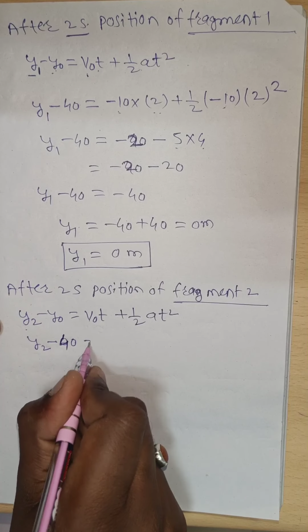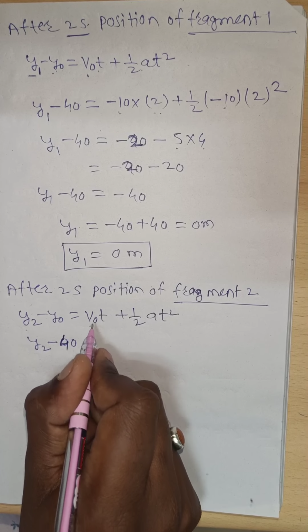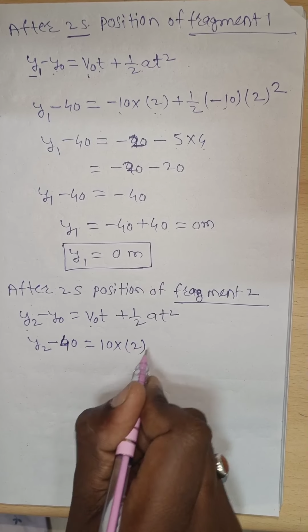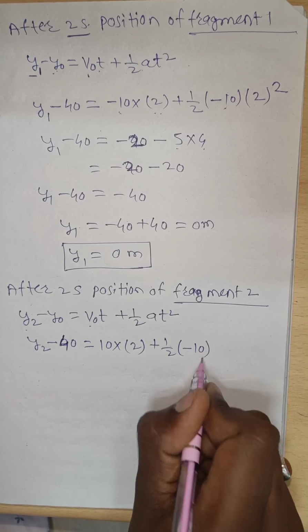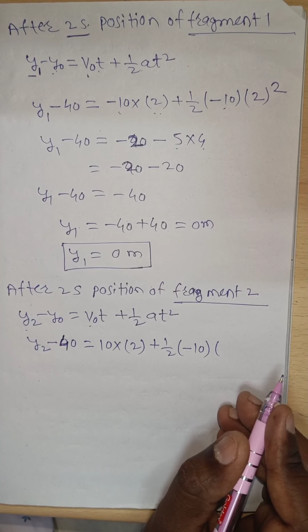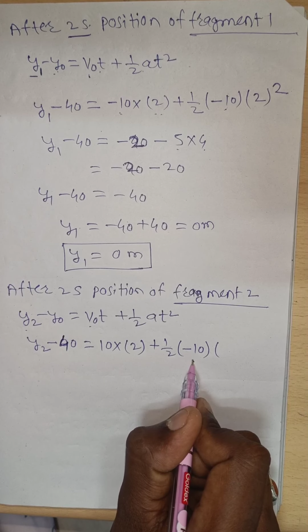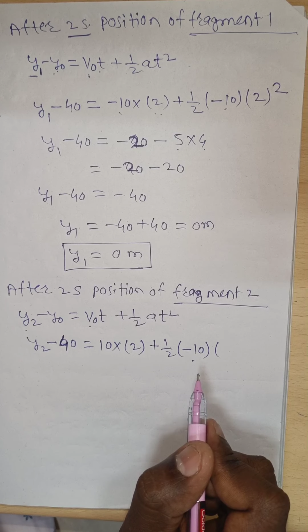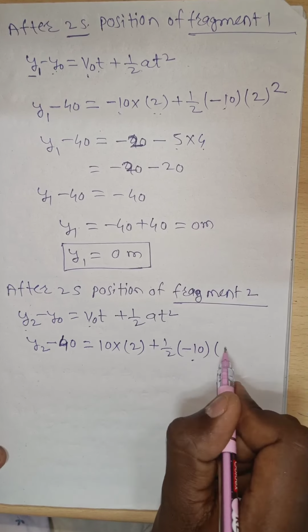The initial velocity of the second fragment, v2, is 10, so 10 into time 2 seconds, plus half, acceleration due to gravity is minus 10, because acceleration is always in the downward direction. In the problem they may say the acceleration is 10 meters per second square, but its direction is downward, therefore we take minus 10, into t square, 2 square.